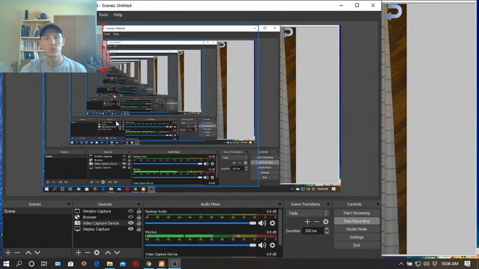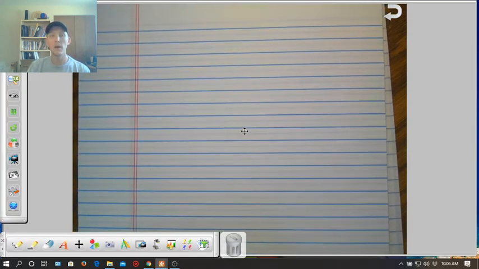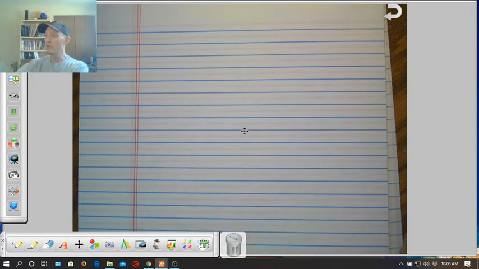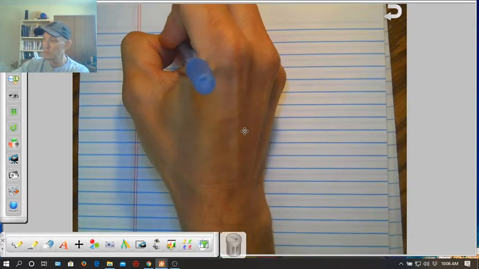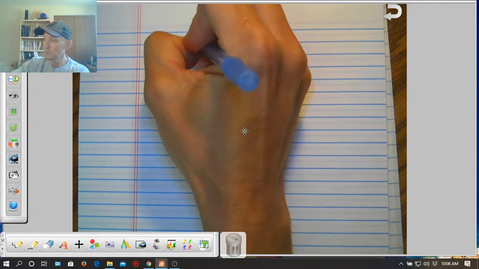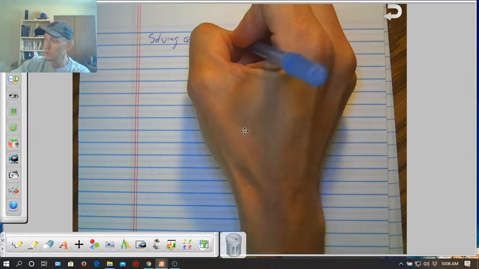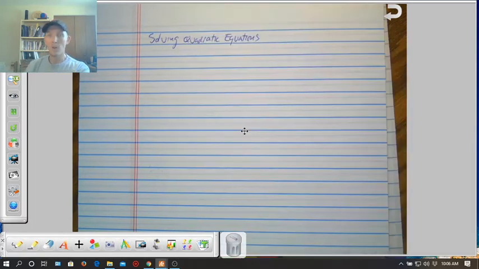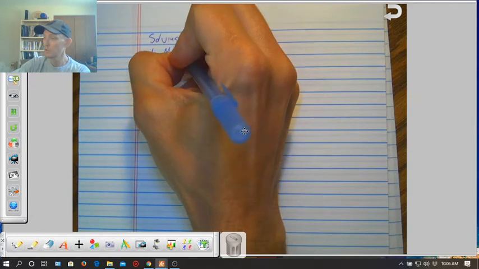All right, so we're going to send me to the corner there, and let's head over here to our notepad. So far, when we talk about solving quadratic equations, our first option, like I mentioned, was magic number.